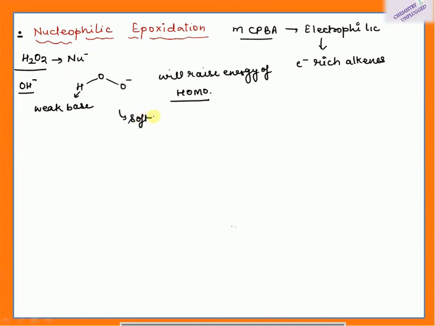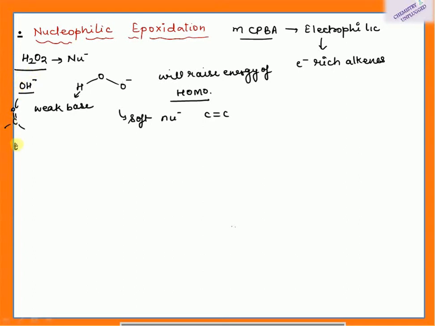Soft nucleophile means it will attack the double bond carbon of an alpha beta unsaturated carbonyl compound. But if we are using OH minus, then it will attack the carbonyl group because it will act as a hard nucleophile and its interaction will be due to electrostatic interaction.